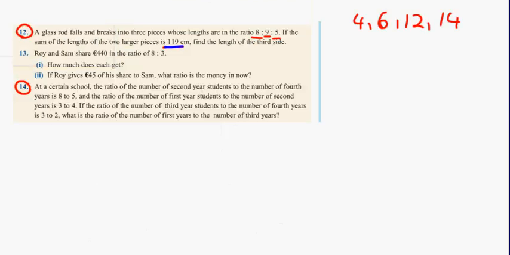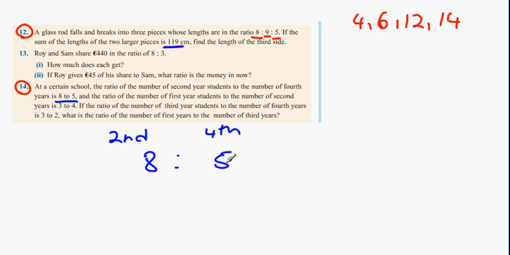And now we have question 14. At a certain school, the ratio of the number of second year students to the number of fourth year students is 8 is to 5. There are more second years.